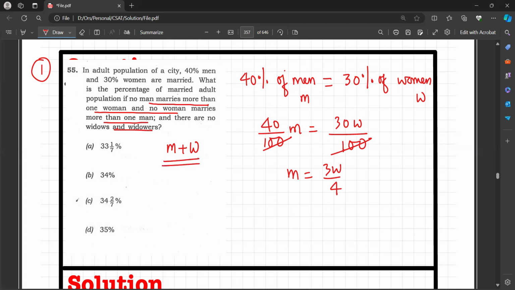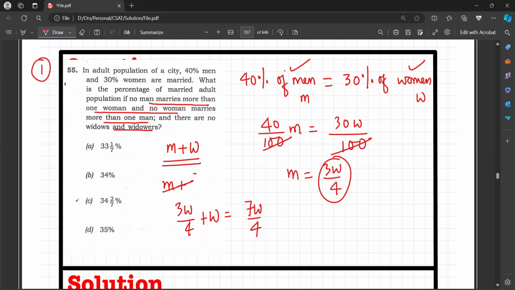Now these two are equal: 40% of M equals 30% of W. So M plus W can be written as 3W by 4 plus W, which gives you 7W by 4 as the total population. 3W by 4 is the total number of men, right?